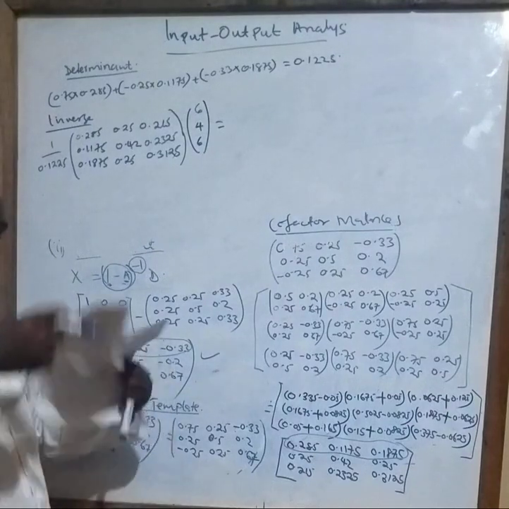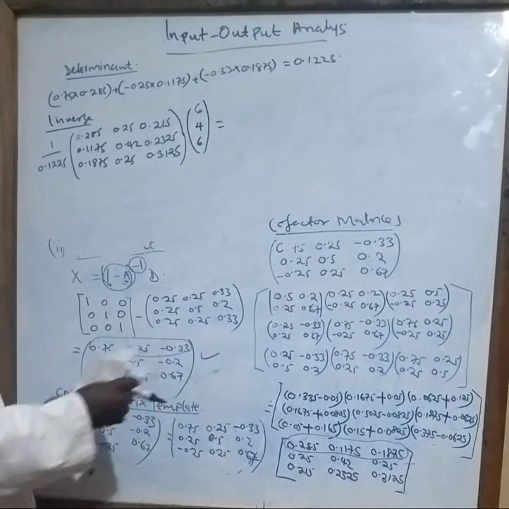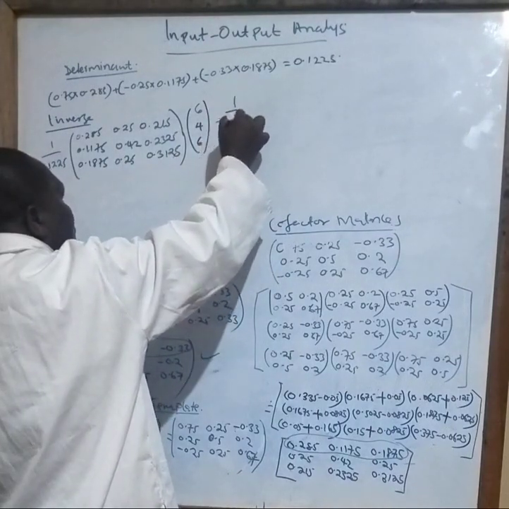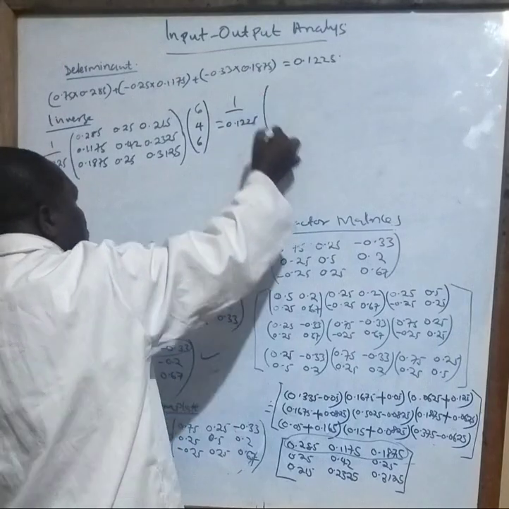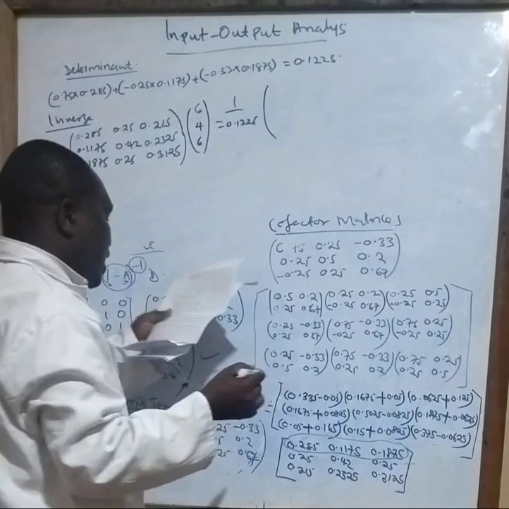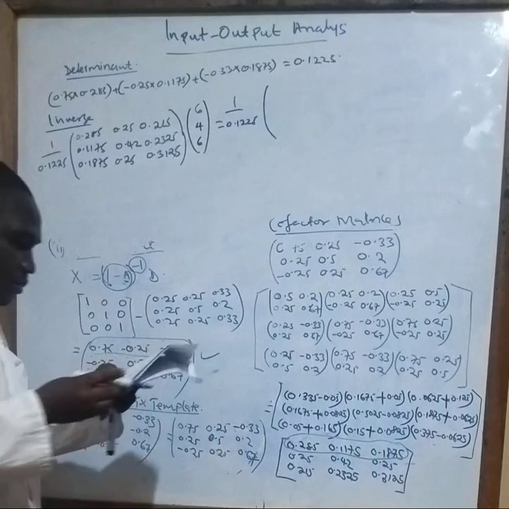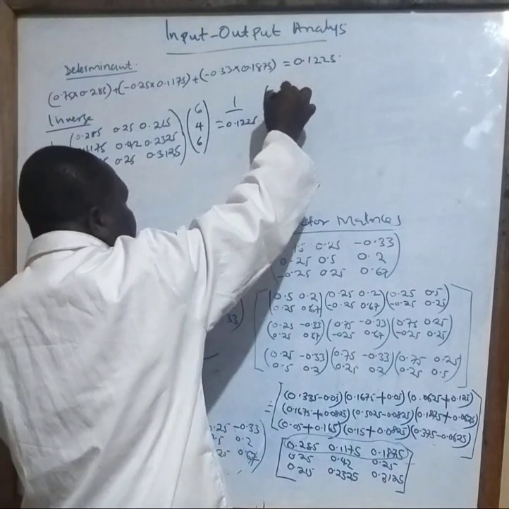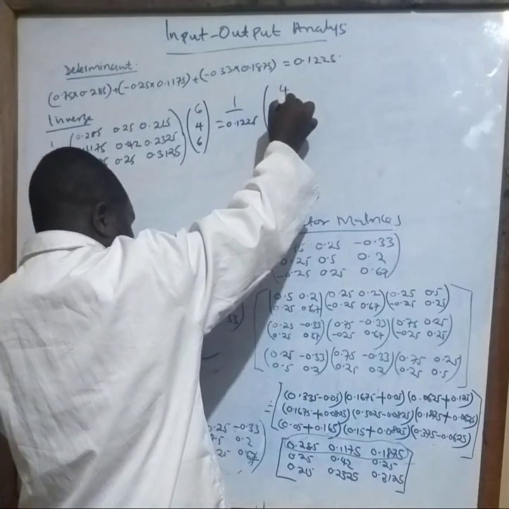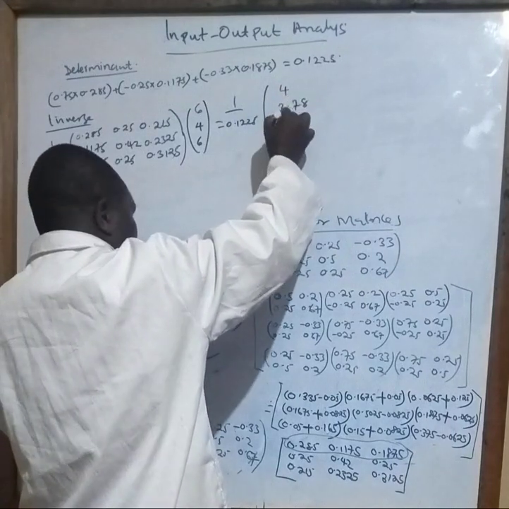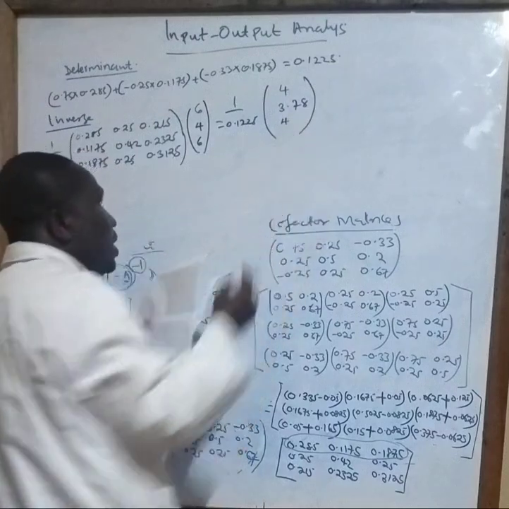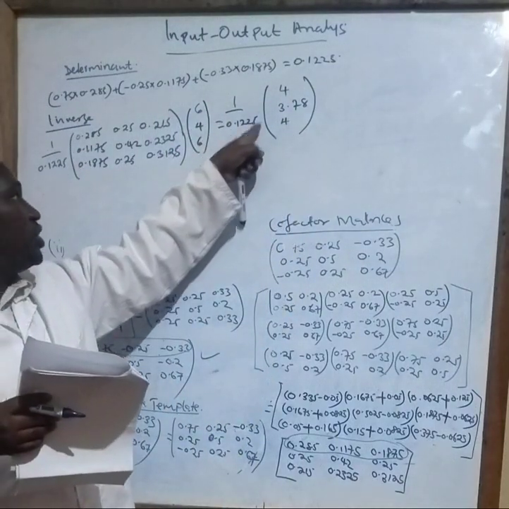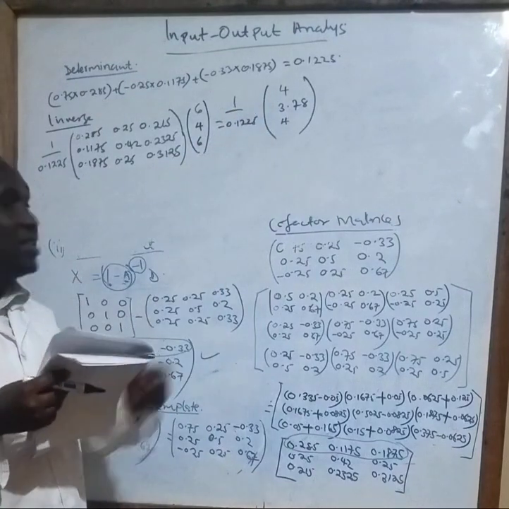So when you now use your calculator very well, your answer there you get is 1 over 0.1225 into, if you multiply the way I've done here, your answer you get is 4, 3.78 and 4.